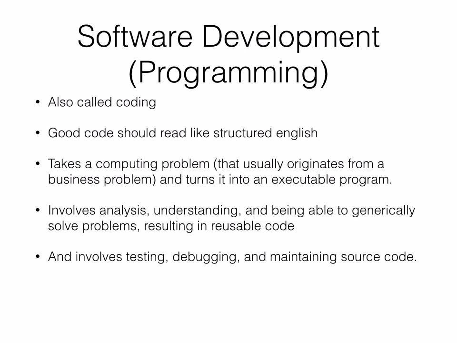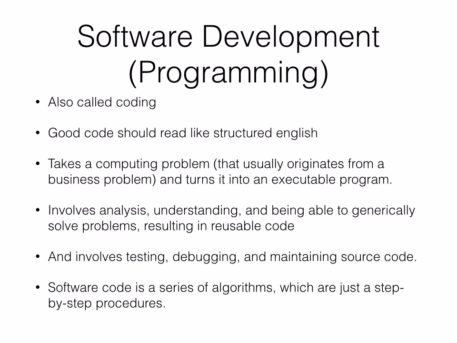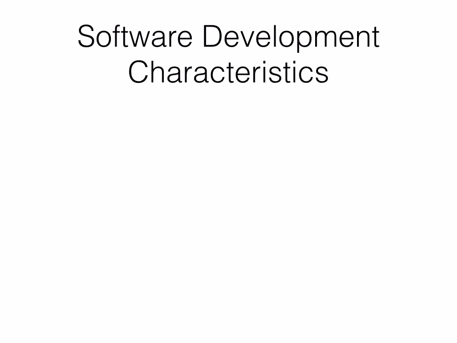And then also testing, debugging, and maintaining it. You have to be able to do that very well. And the last bullet point here is that software code really is just a series of algorithms. And algorithm is a very complex word, which just means a step-by-step procedure. And that's it.